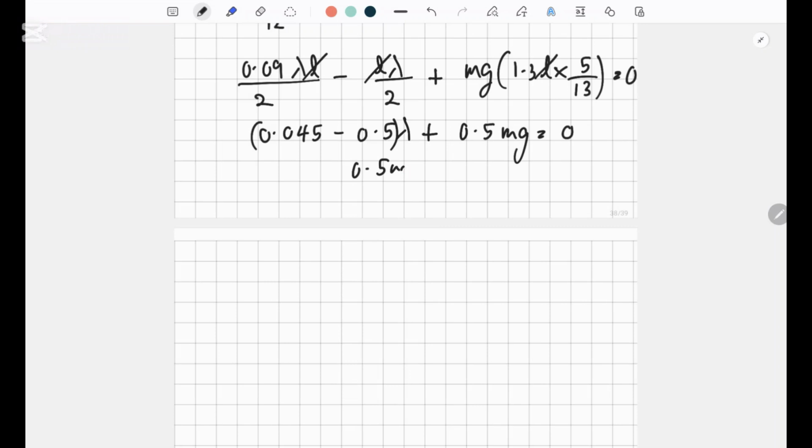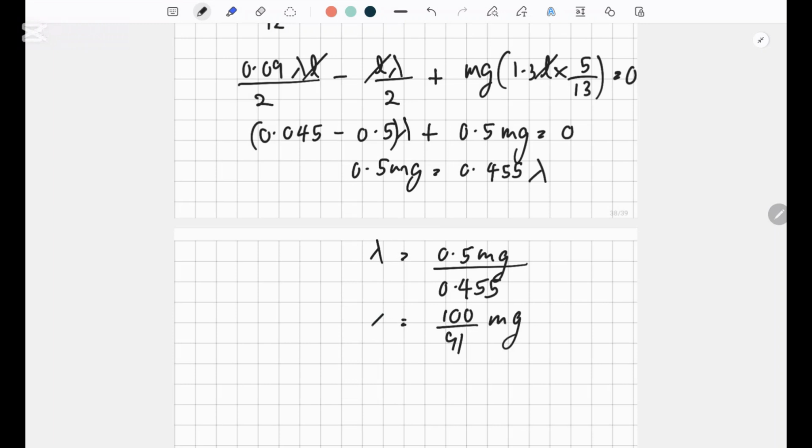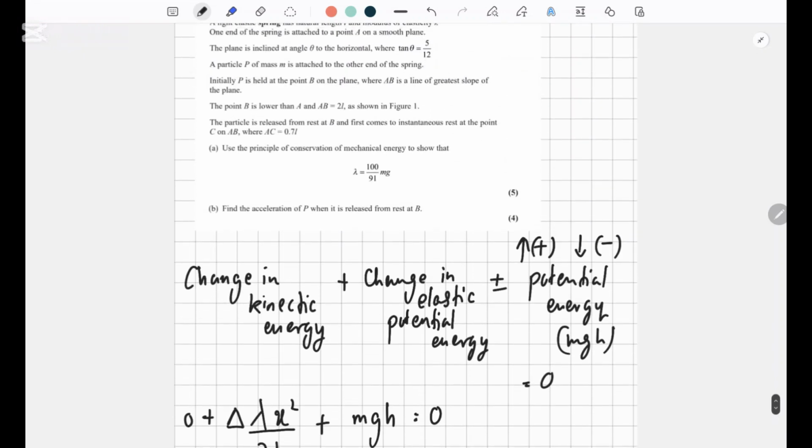I'm taking it to the other side. So now lambda equals 0.5 mg divided by 0.455, giving you 100 over 91 mg. So we got it, right? We got the answer for the first part.